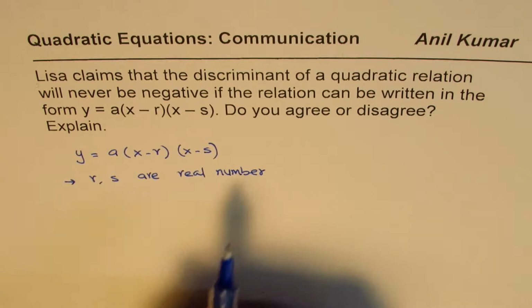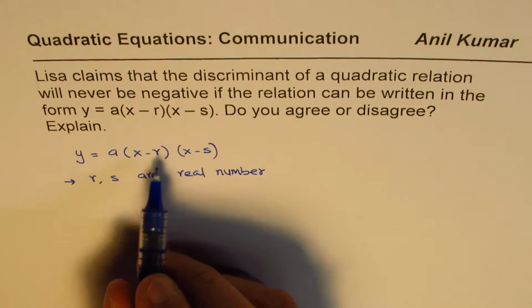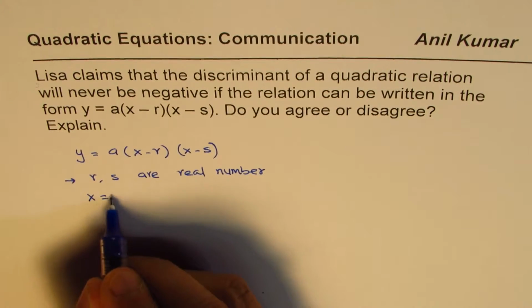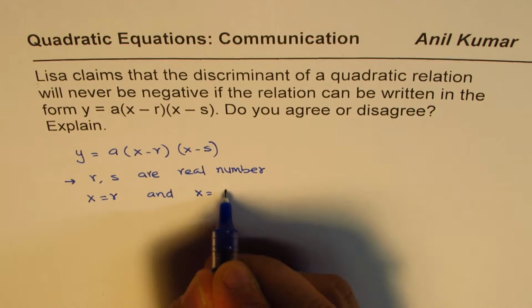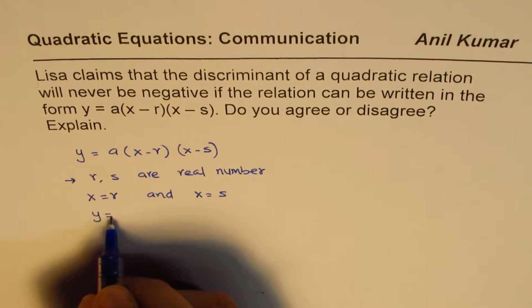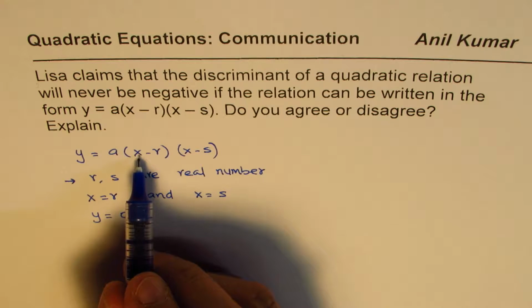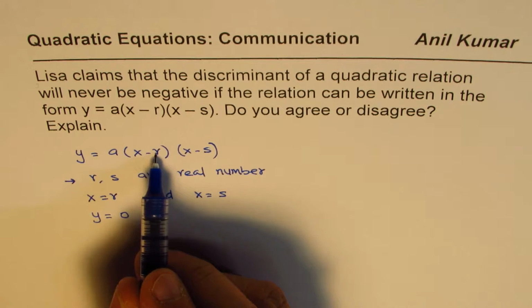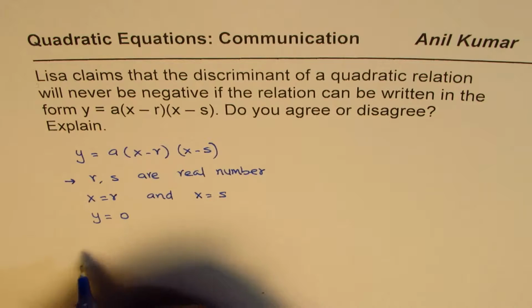Now, when we have this equation, for x equals r and x equals s, what is the value of y? Y is equal to 0. If I write x equals r, then we have r minus r, which is 0, and 0 times anything is 0, so y equals 0.